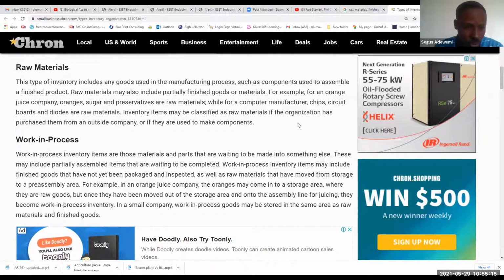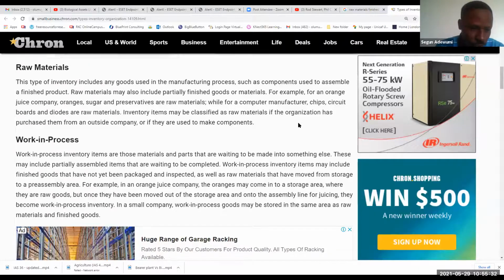Work in process. Work in process inventory items are those materials and parts that are waiting to be made into something else. These may include partially assembled items that are waiting to be completed. Work in process inventory items may include finished goods that have not yet been packaged and inspected, as well as raw materials that have moved from storage to a pre-assembly area.